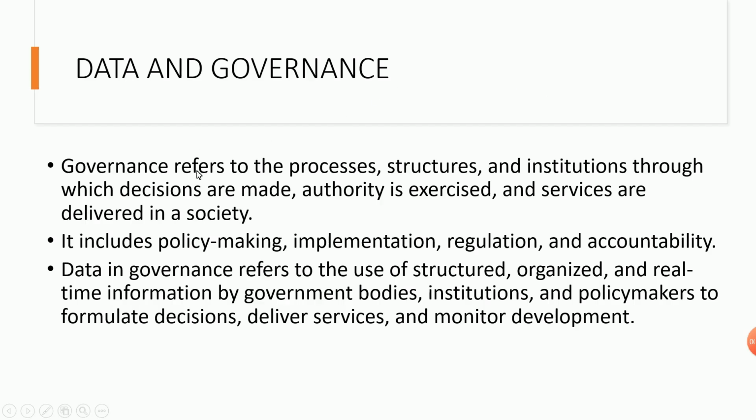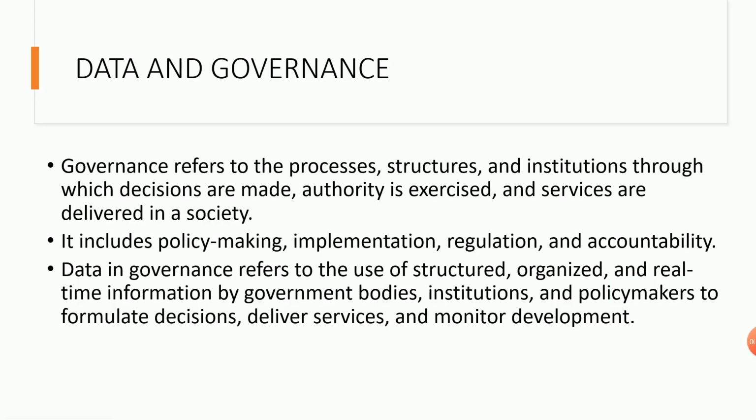So here governance refers to the processes, structures and institutions through which decisions are made, authority is exercised and services are delivered in a society. This includes policy making, implementation, regulation and accountability. So data in governance refers to the use of structured data.